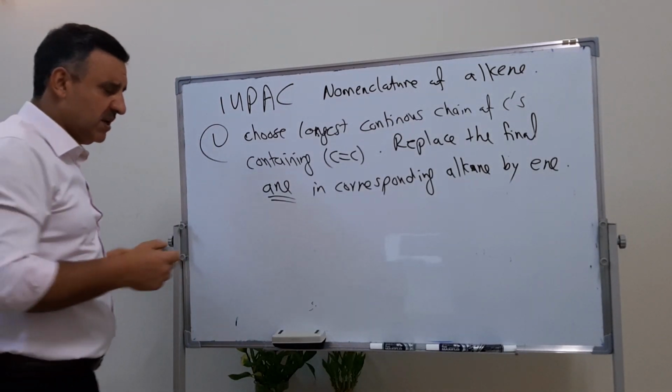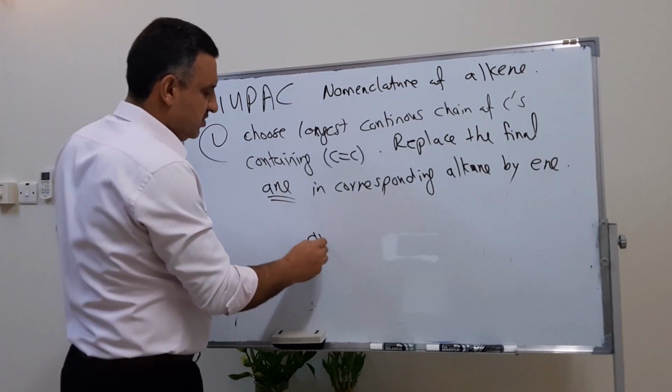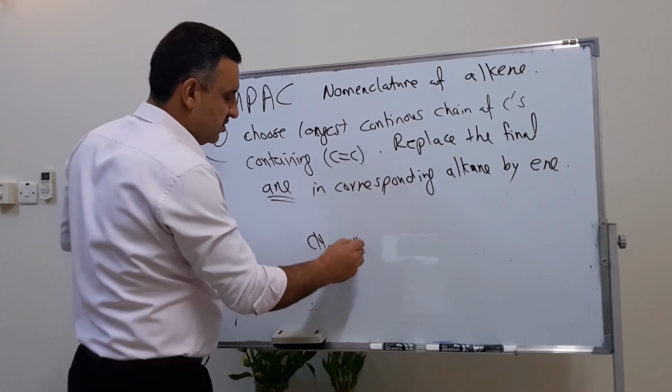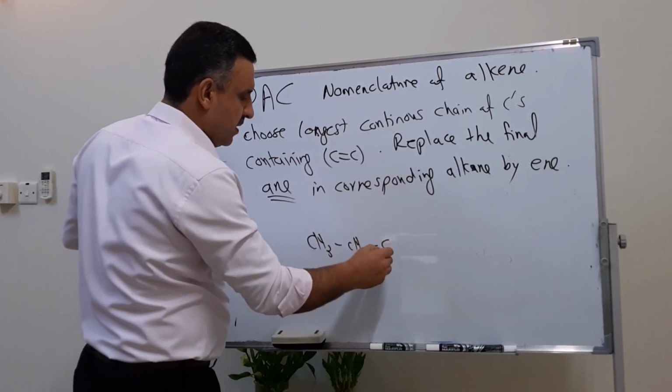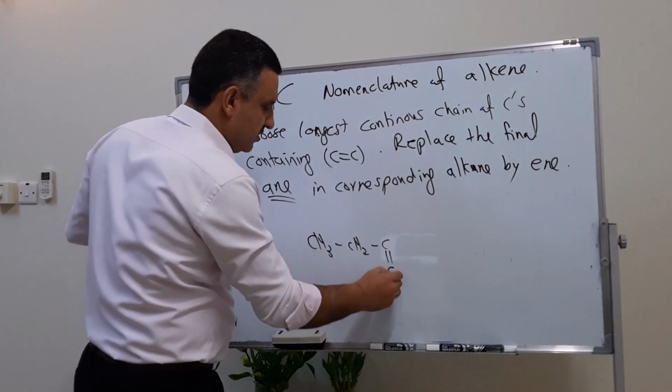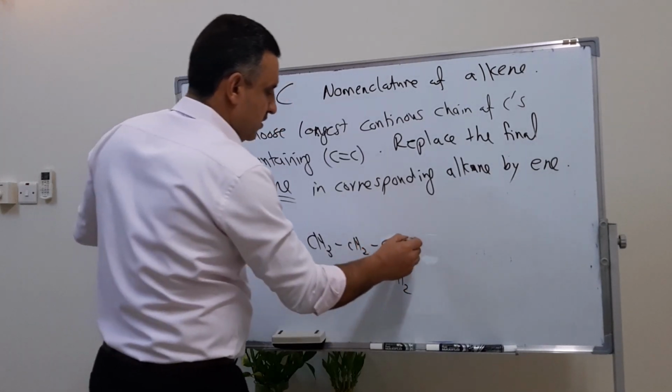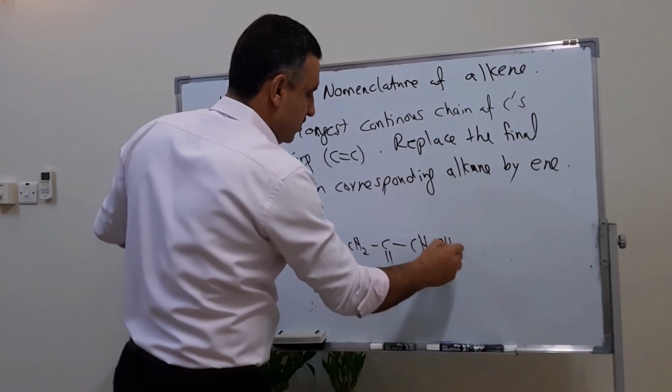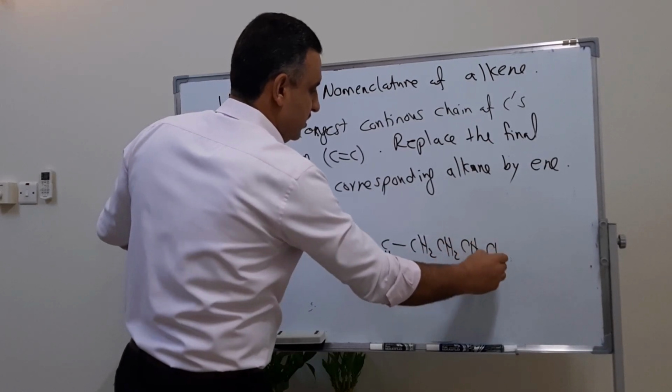Let me just give you an example for this. CH3, CH2, C double bond CH2, CH2, CH2, CH2, CH3.